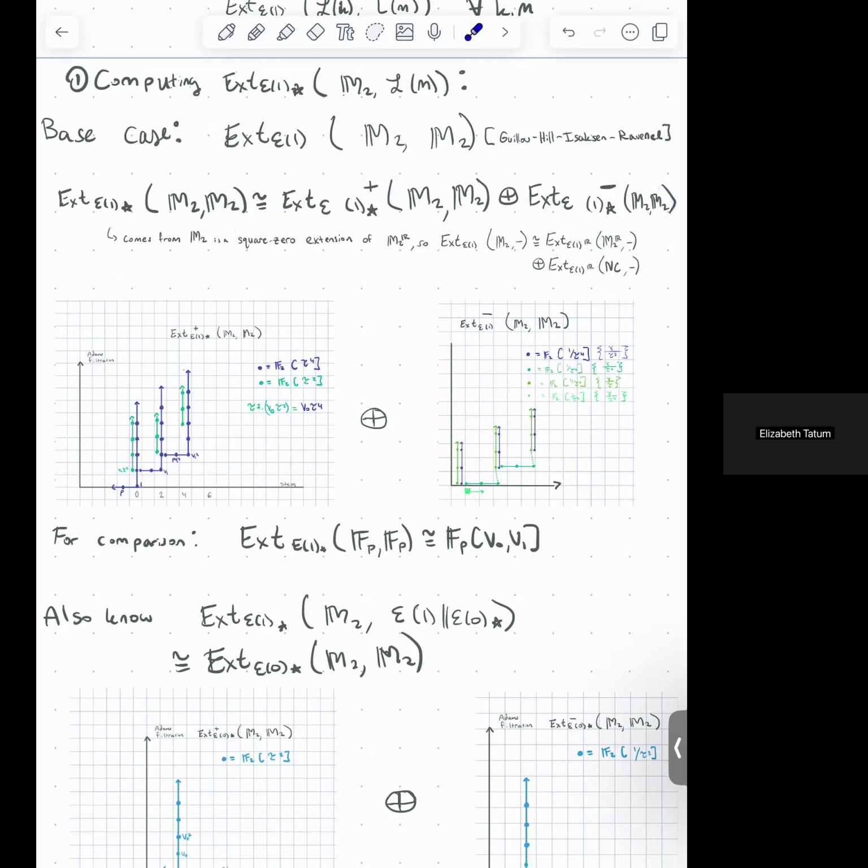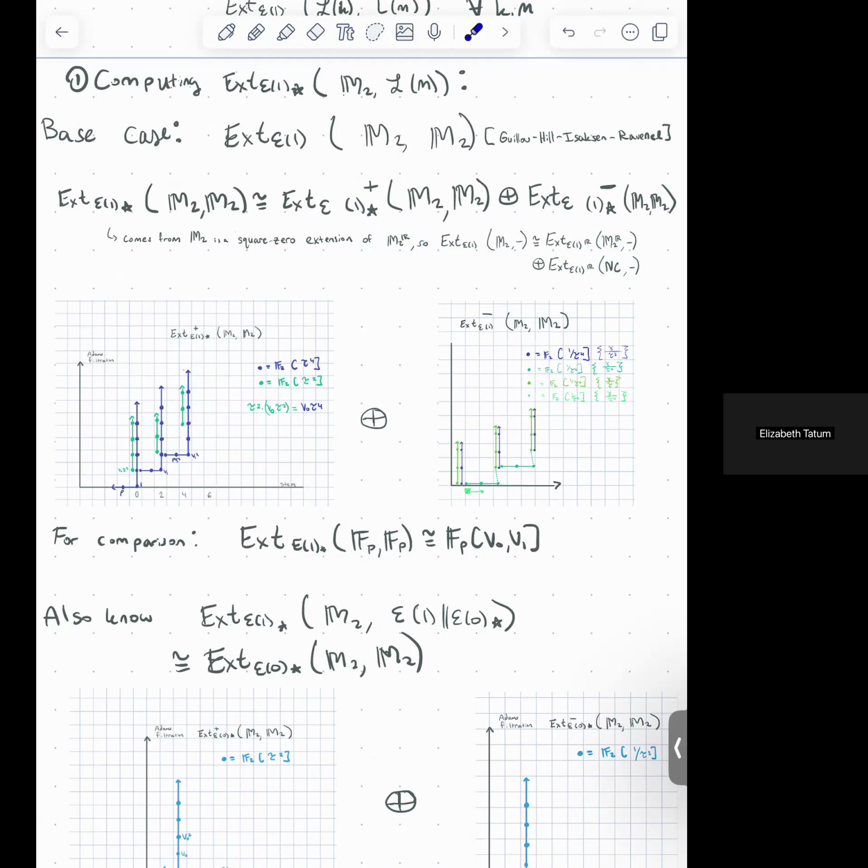Where this is coming from is that M2 is a square zero extension of M2R, the R motivic M2. So you can show algebraically that x over E of 1 of M2 should split as the sum of this x over E of 1R of the R motivic M2, and then this NC, the negative cone, also over x over E of 1R.